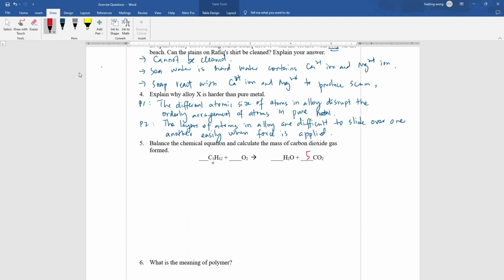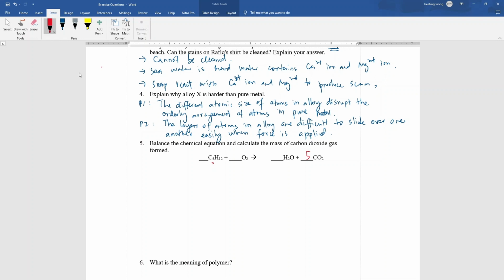Now calculate the mass of the carbon dioxide gas formed. Let's say given to you is 200 cubic centimeter. What is the mass of the carbon dioxide? How do we calculate? Very simple, 3 steps only. First step, we calculate the number of mole.